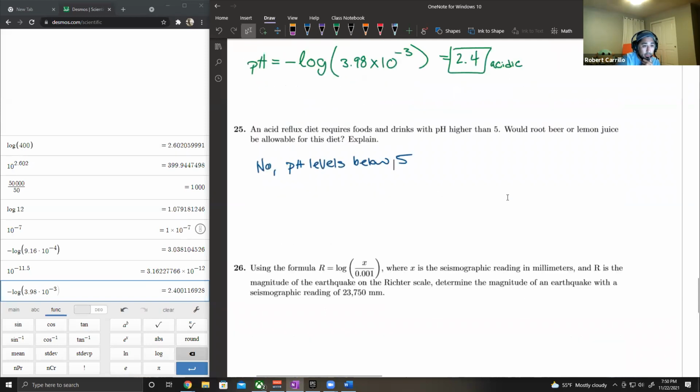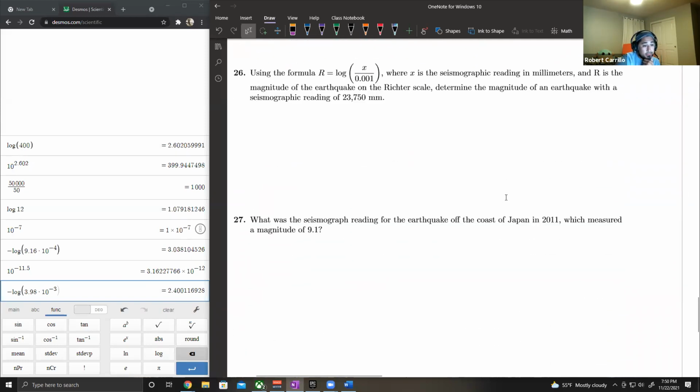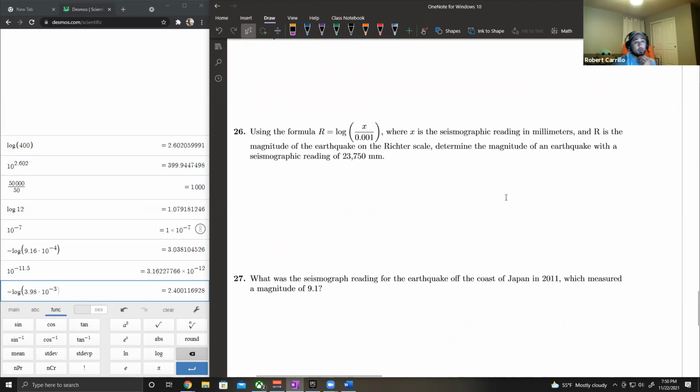Okay. Awesome. Okay. 26. Using the formula R equals log of X over 0.001, where X is the seismographic reading in millimeters and R is the magnitude of the earthquake on the Richter scale, determine the magnitude of an earthquake with a seismographic reading of 23,750 millimeters.